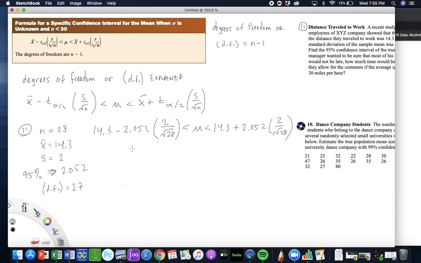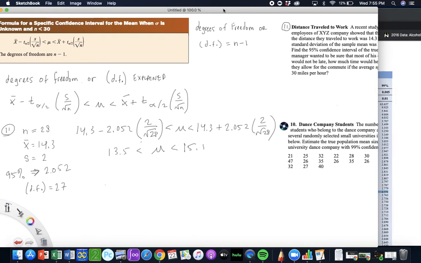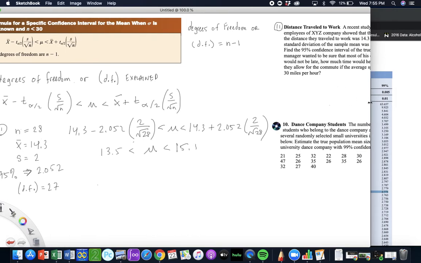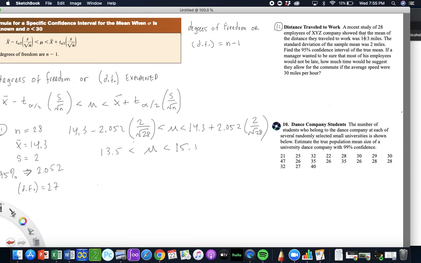Now, when I put this data together, I get 13.5 to 15.1. I just want to quickly talk about the rounding rules for this, which I didn't make clear in 7.1. In this case I was given just the sample mean and standard deviation right from the start, and it is 14.3.